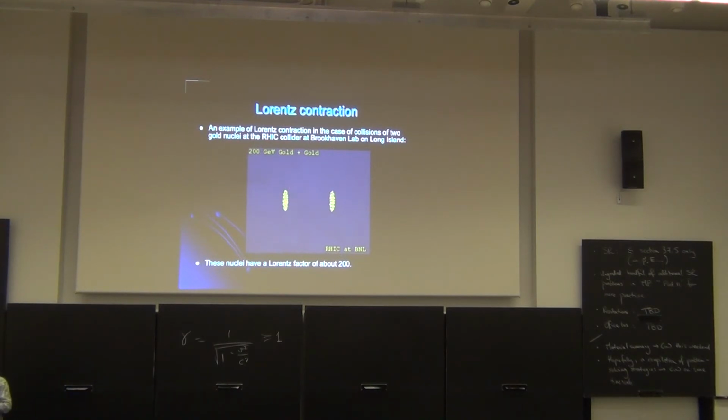Another place where special relativity becomes important in research that goes on here in this department and many other places is what happens when we take, for example, atomic nuclei and put them in particle accelerators, particle colliders, and smash them together. This is a field of research called these days relativistic heavy ion physics. This is a cartoonish representation of two gold nuclei, to be more precise, so they've been stripped of all of their electrons.